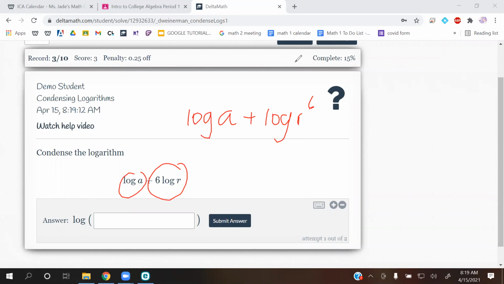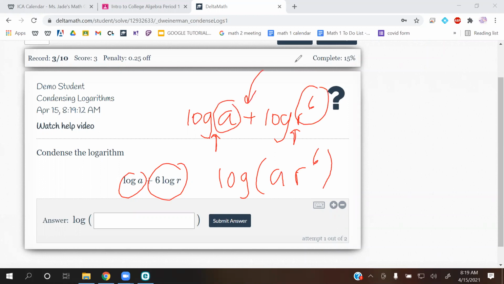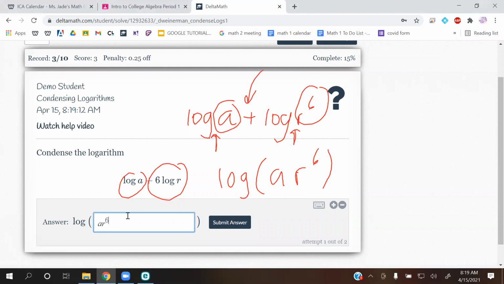And then finally, double check these have the same base. They are both base 10. Then it can now become log base 10 of a times r to the power of 6. Since they're being added, we simply multiply these values. So it's a times r to the power of 6. So I'm going to type a r to the power of 6. This is our final answer. I'll give you guys a few moments to write or ask questions.